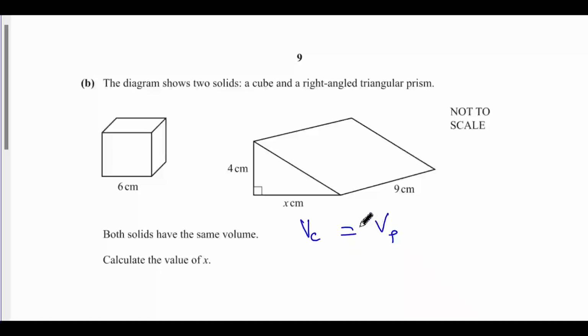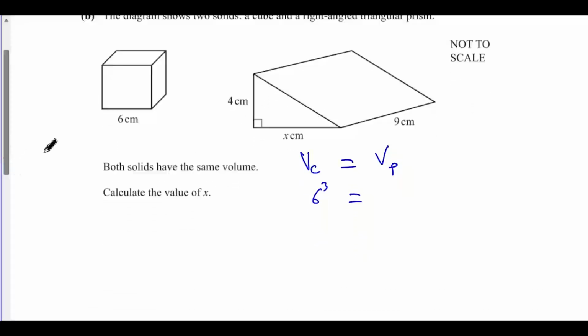So from there we can get the volume of a cube. It will be L cubed, that is 6 cubed, and equals the volume of this prism, which will be the area of the cross section times the length. The cross section is a right angle triangle, so we need to find the area of the cross section. Then once we get that, we can get the volume.